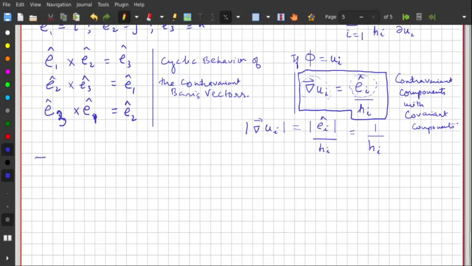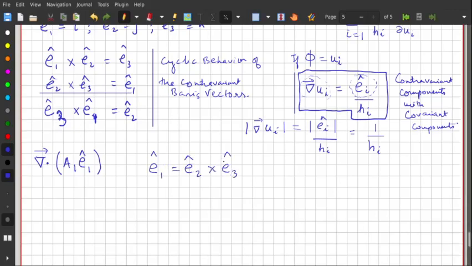Let's now say we want to write the divergence operator. So let's say we write divergence of, say, a1 e1 vector. If we use this middle expression, we can write e1 as e2 cross product e3.